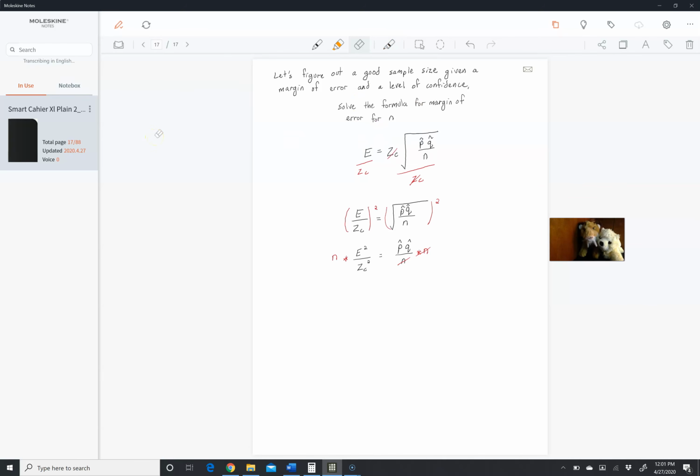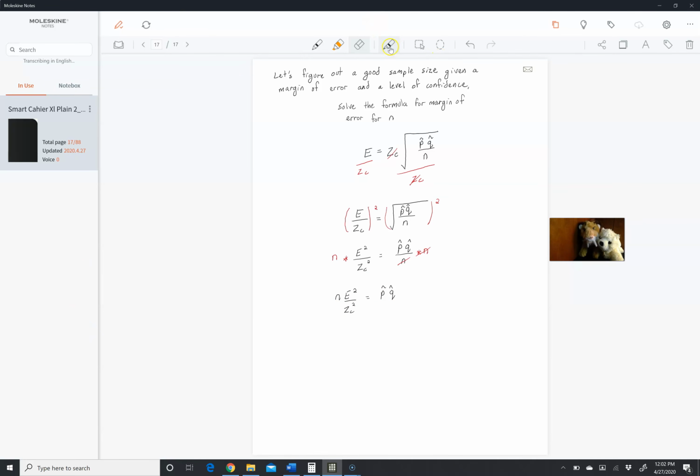Now we're left with n e squared over z squared, which is equal to p hat q hat. And then we can multiply both sides by the reciprocal of this, because then the z will cancel, and the e will cancel on this side.